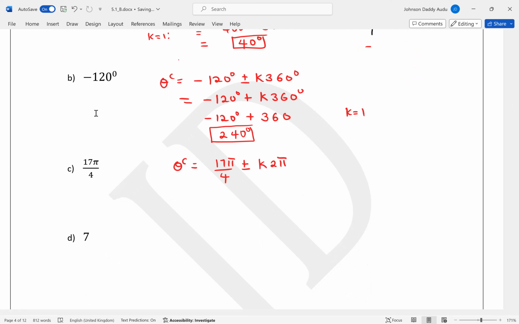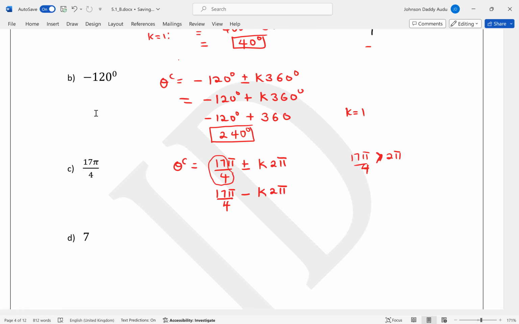If we look carefully, 17 over 4 is bigger than 2, so 17 pi over 4 is definitely bigger than 2 pi. Since it is bigger than 2 pi, we are not going to use plus, so we should go for the minus. So we have minus k times 2 pi.